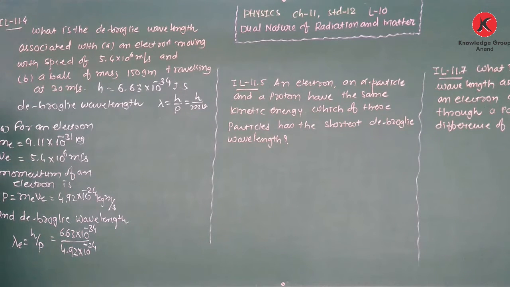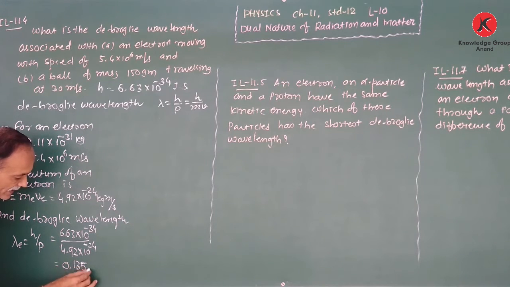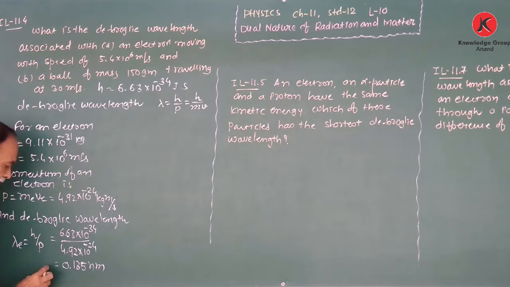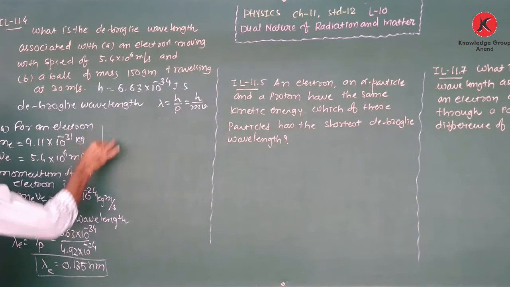Right? Thus we obtain the value 0.135 nanometer. Calculate yourself. That is the wavelength of an electron, lambda. In a similar way, we can also calculate the wavelength of the given ball.